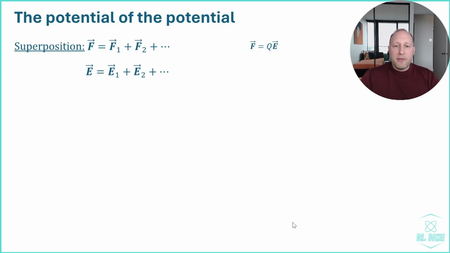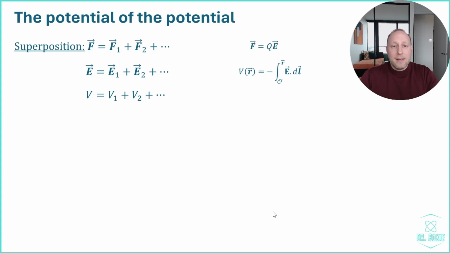Now we can go one step further. We just defined V as the integral, up to a minus sign, of E dot dl. So if we integrate both sides of the superposition for the electric field, on the left-hand side E itself and on the right-hand side the sum of E1 and E2 and E3, etc., we find a principle of superposition for the scalar potential.